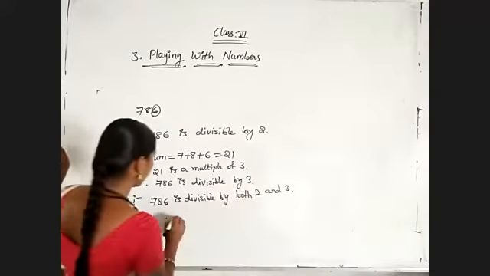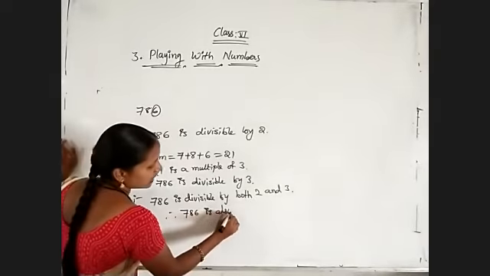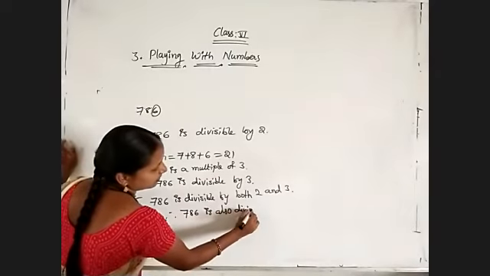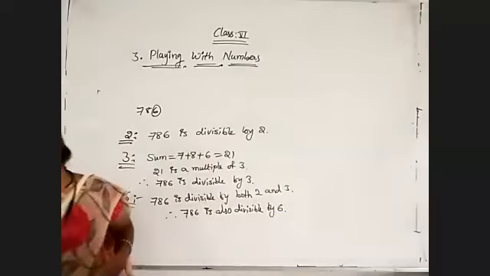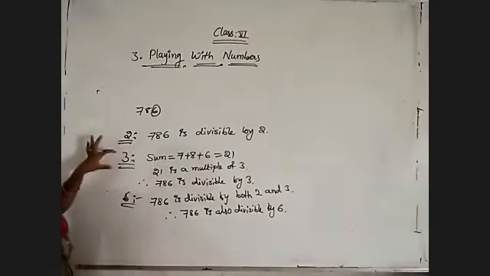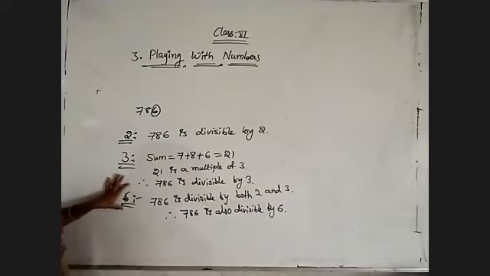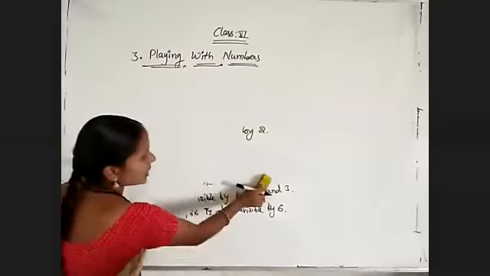Therefore, 786 is also divisible by 6. So as I told you already, I gave the divisibility rule of 2. Now I am giving the divisibility rule for 3 and 6. Okay, take the definition now. I hope you understand this.